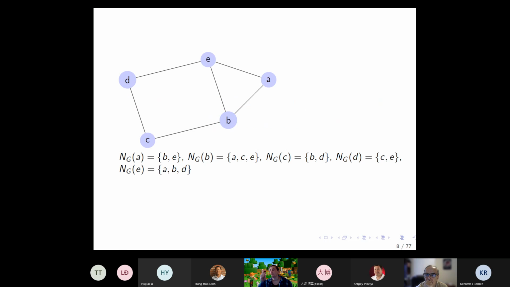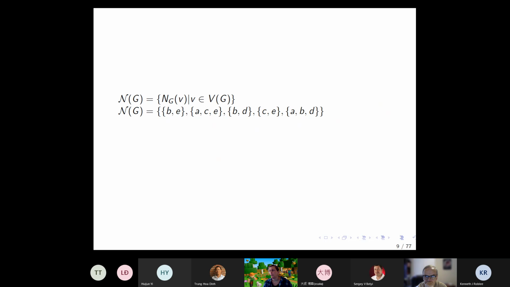So we're going to look at open neighborhoods. It's far more interesting. Here's my notation. I'm using big N subscript G with round parentheses. Closed neighborhoods get square brackets because that's the way we've always done it. Y'all know what an open neighborhood is.